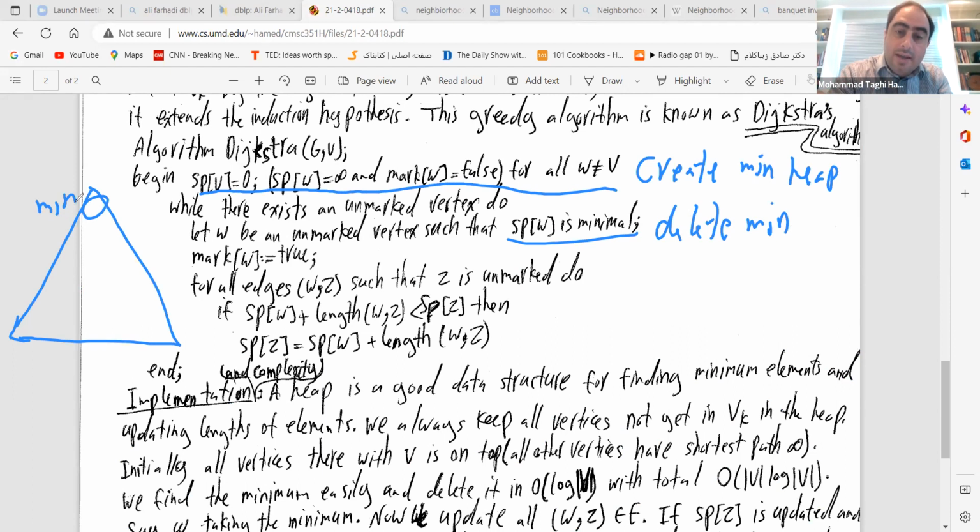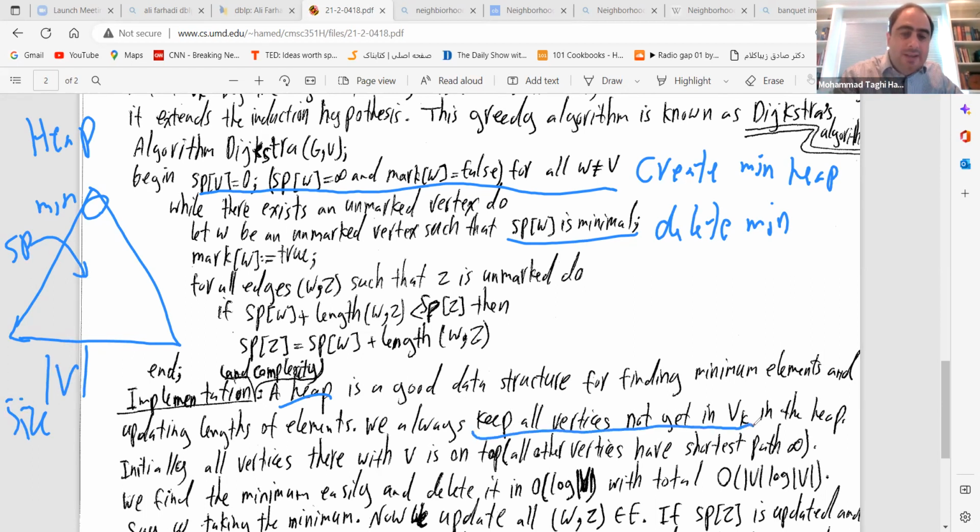We are inserting all of these SP values, and all of them will go inside this heap. Originally the size of this heap would be order V. Good. So the data structure that we are using here is the heap, and we will keep all vertices not in VK in the heap.